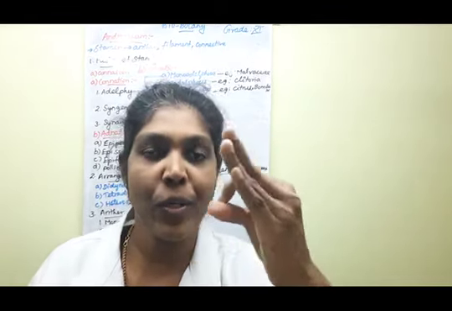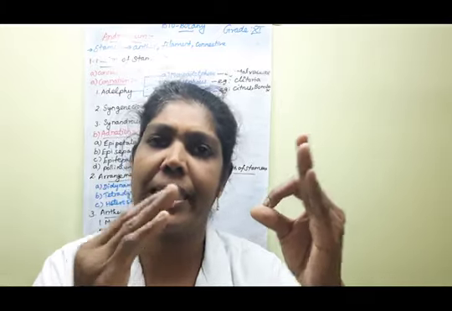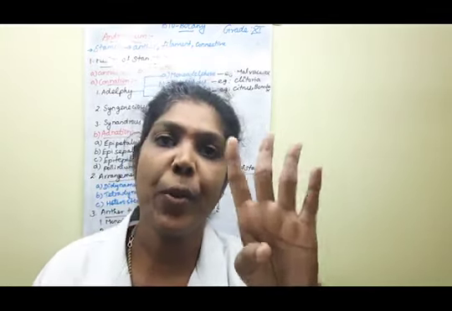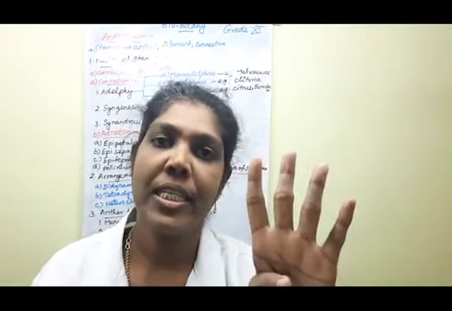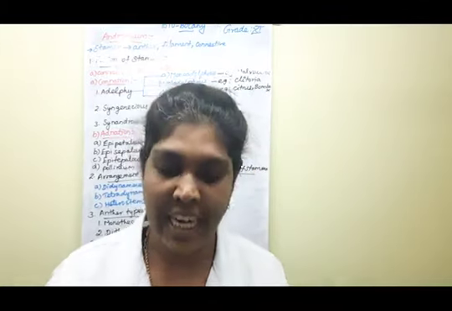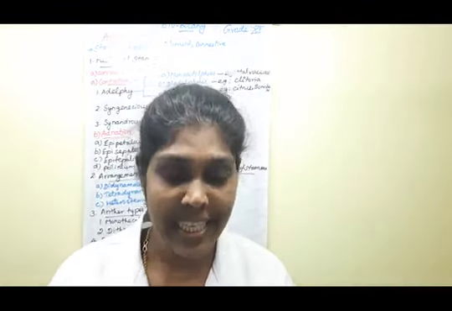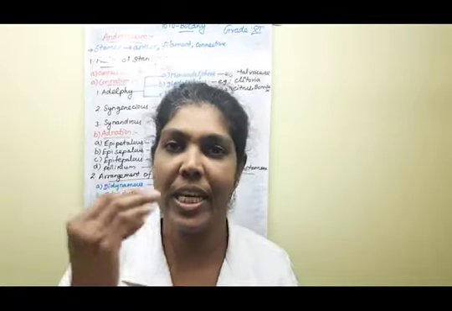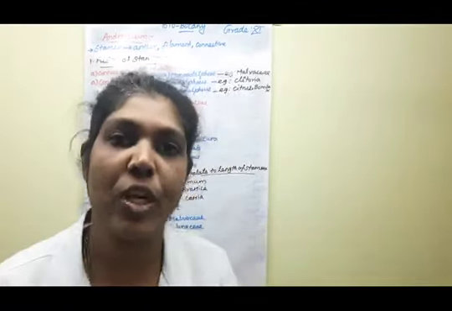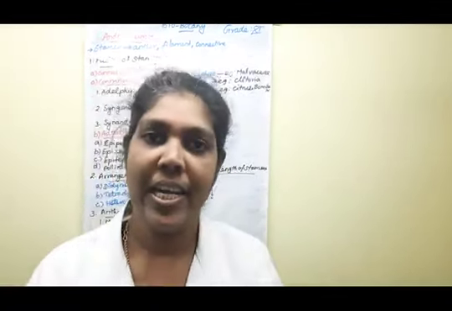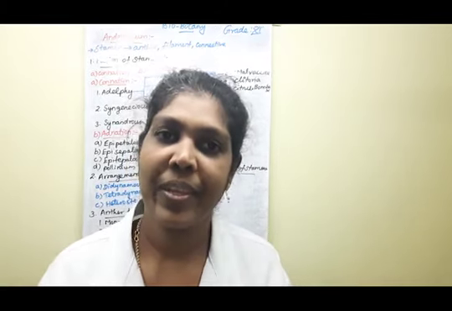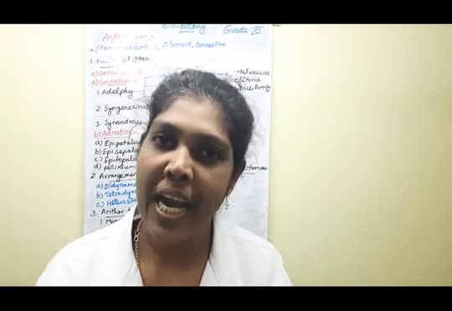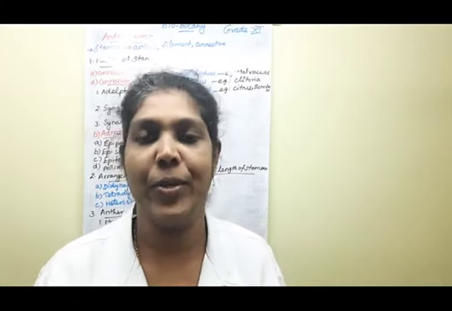This imbricate also has subtypes: quincuncial and vexillary estivation. Clear, children? Do you remember that? Yes, good. So these are some subtypes of estivation. Are you understood? Have you got an idea about the last class portion? Yes, very good, students.